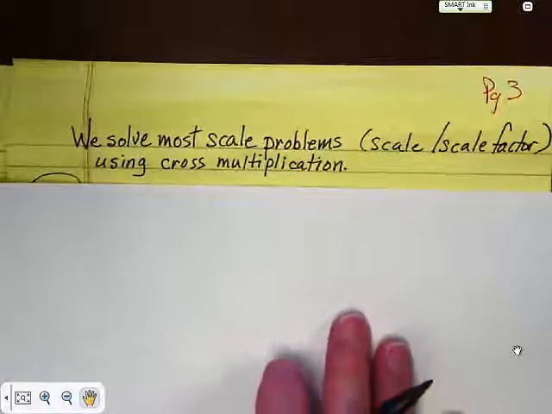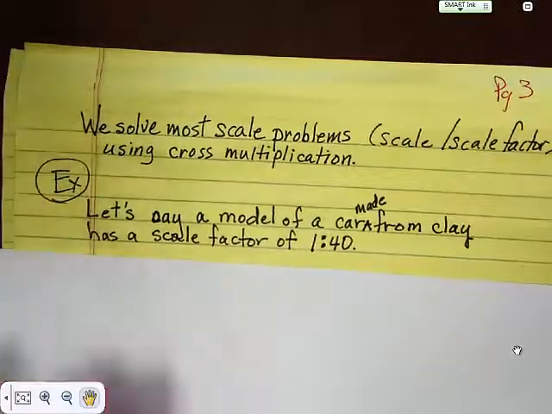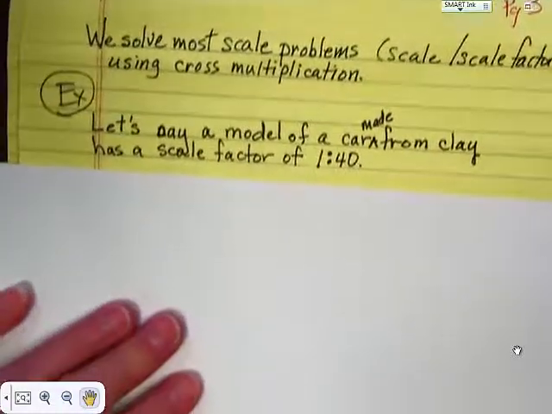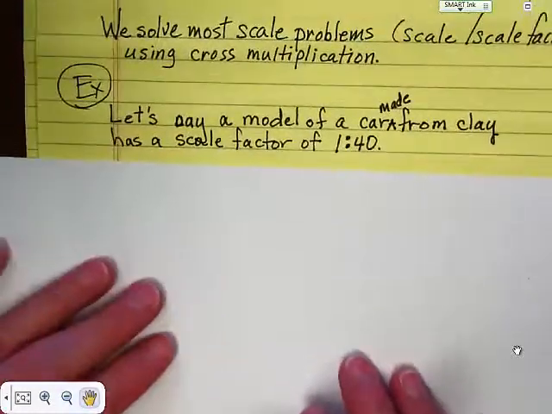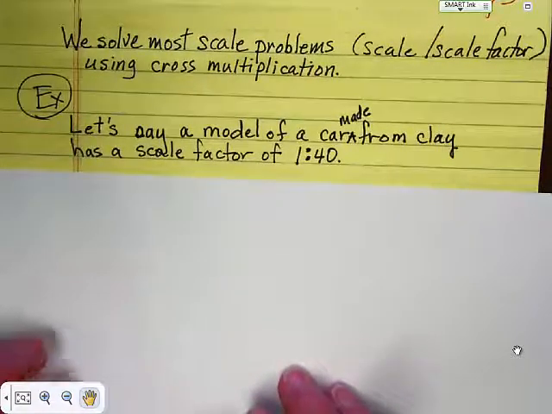We solve most problems using scale. We solve most problems using cross multiplication. You've seen that already. Let's say we have a model of a car made from clay. And you know, by the way, for the information, a lot of them used to do that.